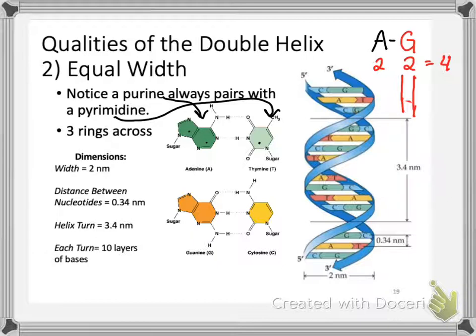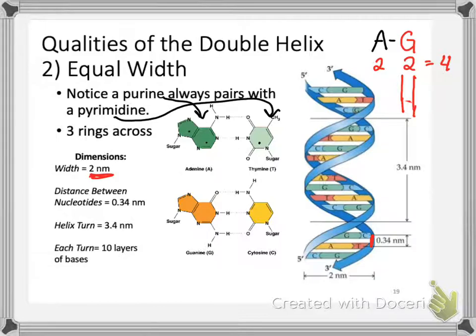There are some other dimensions to notice that DNA molecules always have, so this consistent width throughout. Also, you'll notice that the bases are spaced out, so they have an equal distance between the bases of 0.34 nanometers.